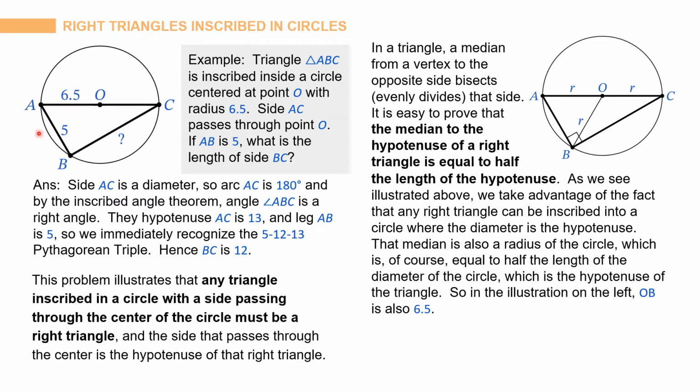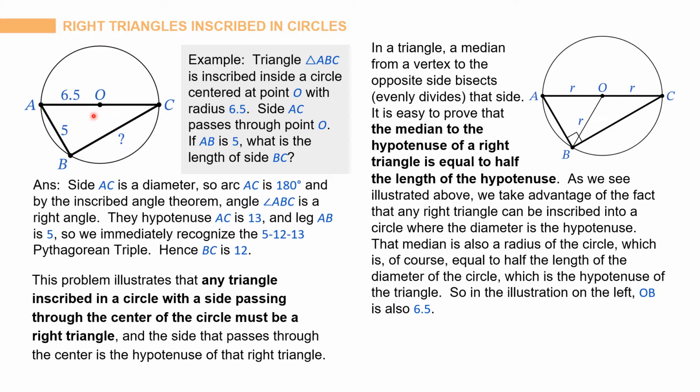So arc AC is half of the perimeter, so central angle AOC is 180 degrees. By the inscribed angle theorem, angle ABC is 90 degrees, right?